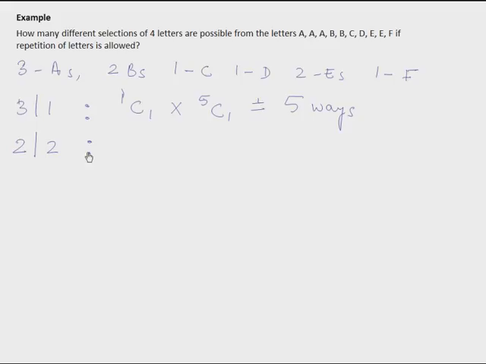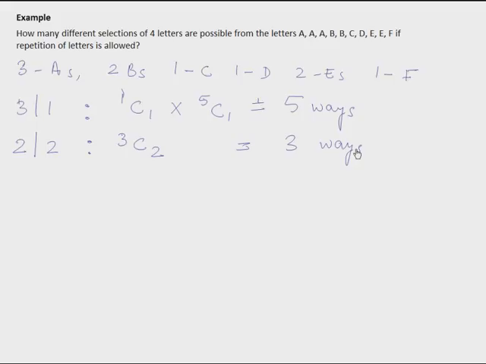I have to pick 2 such pairs. So that's 3 choose 2, 2 such pairs out of 3 pairs. That answer is 3 ways. Again, note, in 3 choose 2, I am choosing only 2 letters. But I will take both copies of those letters to make up my 4 letter selection.